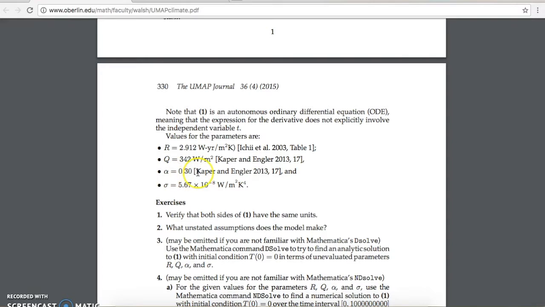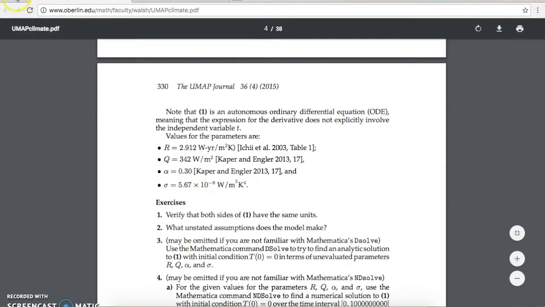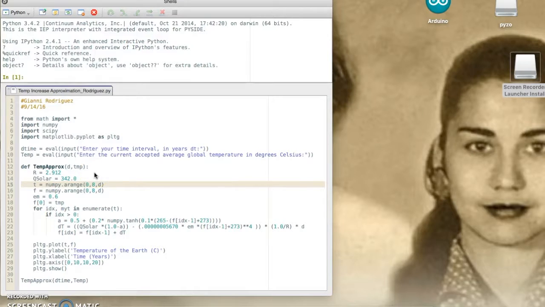The albedo here, alpha, is 0.3, but later Walsh gives an example of how to make the albedo, the reflectivity, dependent on temperature, because as you know, as global temperatures rise, the reflectivity of the Earth will change as ice glaciers are melting and more non-reflective land is being exposed. And then the Stefan-Boltzmann constant, like I said, is constant everywhere. So it's 5.67 times 10 to the negative 8. So going back into my climate model, you can see that I've already input these values here into my main code.